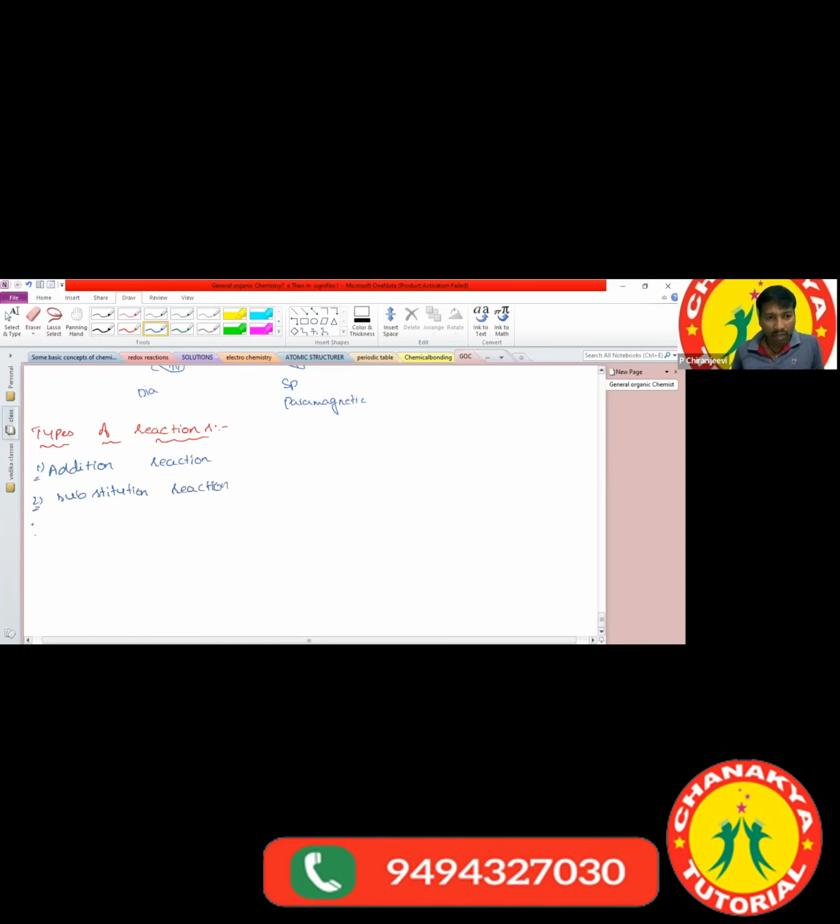Third one is the elimination reaction. Fourth one is the rearrangement reaction. Fifth one is the polymerization reaction.